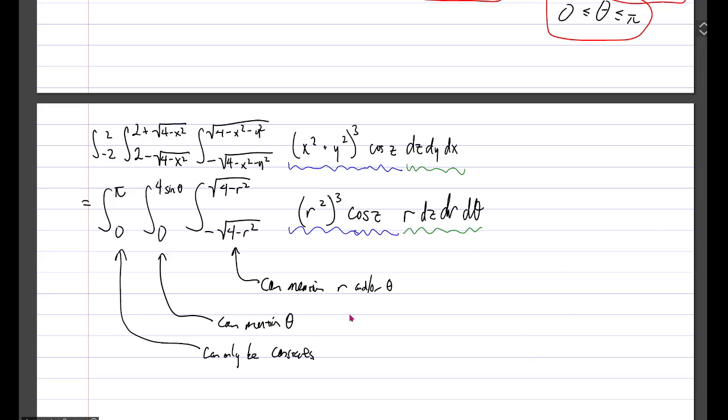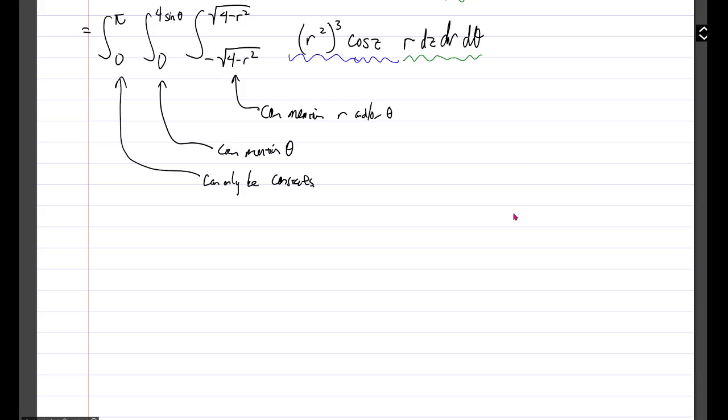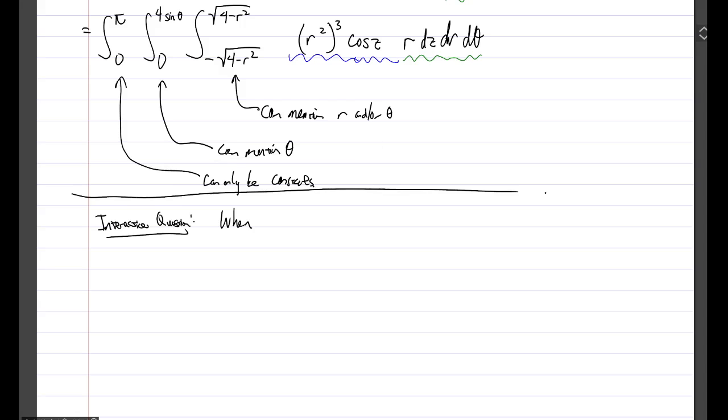Okay, and then I do have, real quick, an interactive question, and it will look like this. Let's write this down here. Okay, so, interactive question. This is not related to the last question necessarily, so just in general, when working in cylindrical coordinates, let's just write it out.